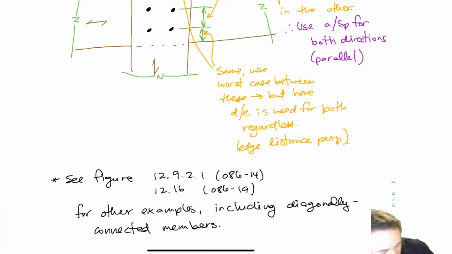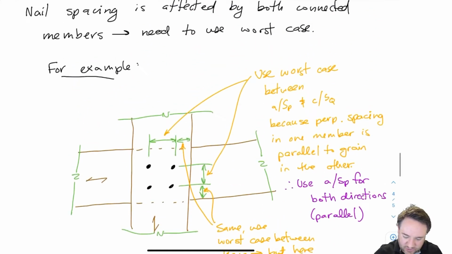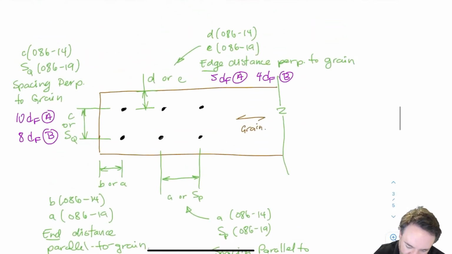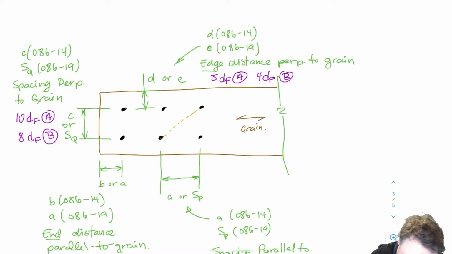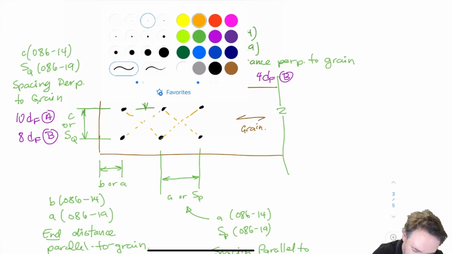Okay, there's one more important thing that we need to talk about, which is the issue of extra nails. And so there's a nice thing here, which is that if I have a matrix setup of nails like this, where I have them all in rows and columns, then I am actually permitted under these spacing requirements to include extra nails at the diagonal intersections between these.